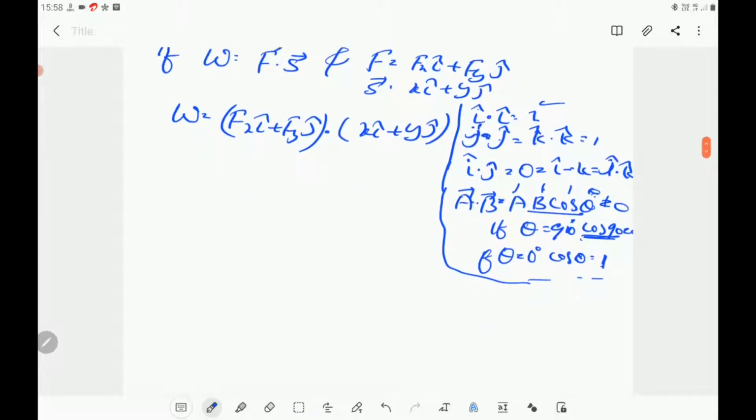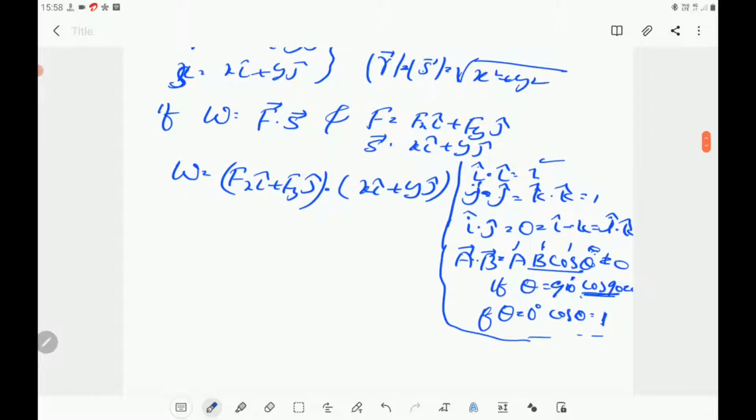Now, how do you find the dot product of two vectors? For finding the dot product, you have to multiply the components, regular multiplication. You multiply the i component fx with the x i and y j.